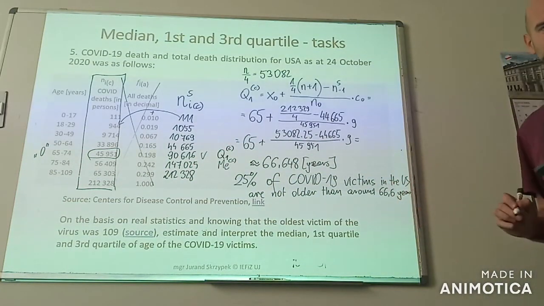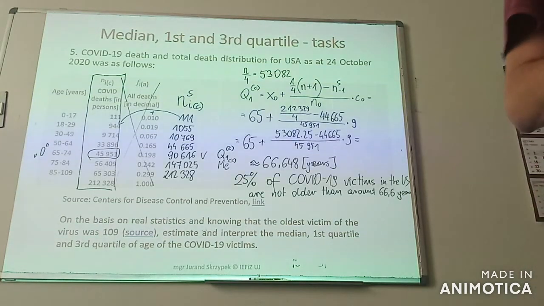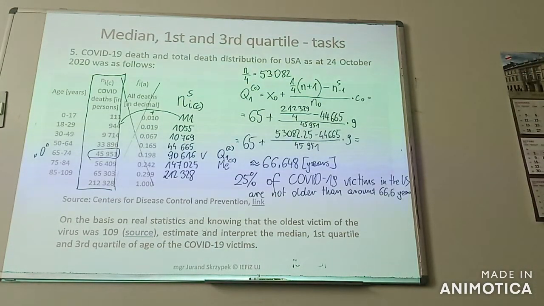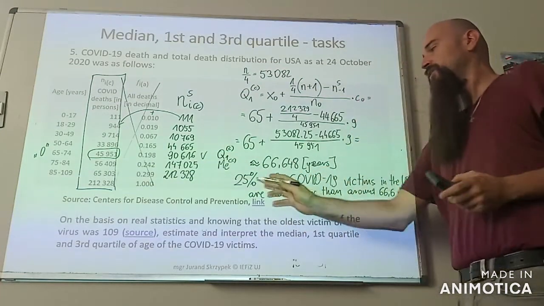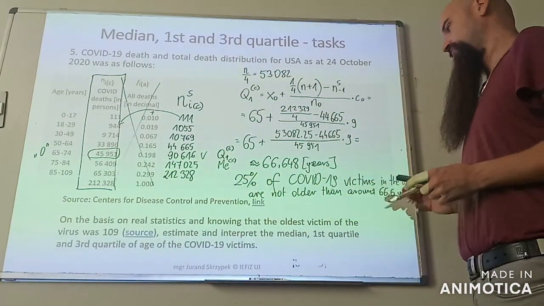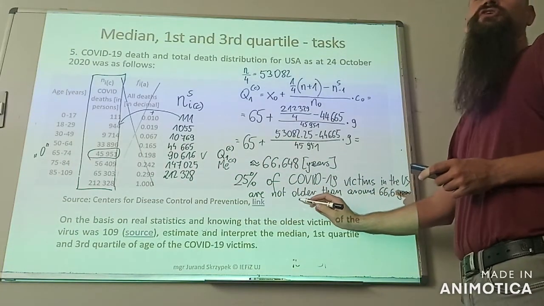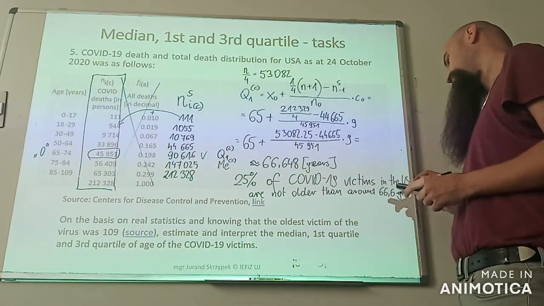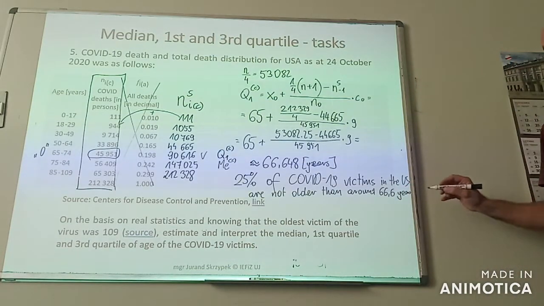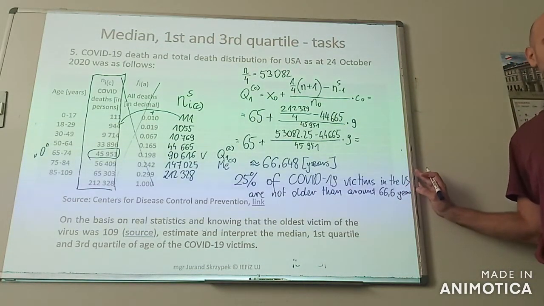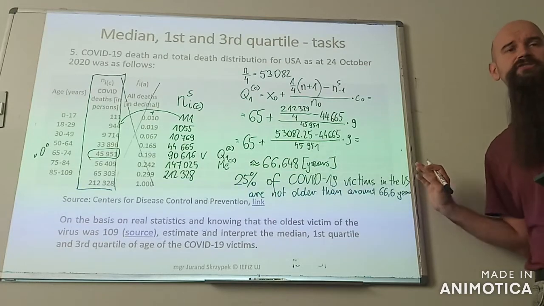Very dangerous number. 66.6. Okay. It also means that 75% of COVID-19 victims in the US are not younger than around 66.6. But this version of the interpretation is more interesting to us.